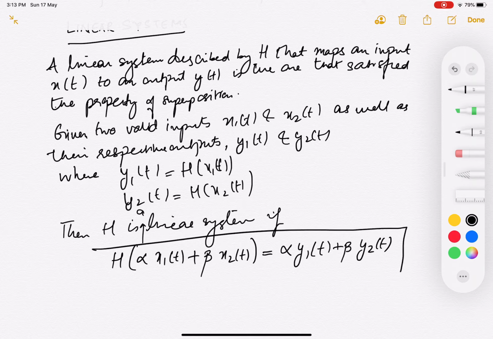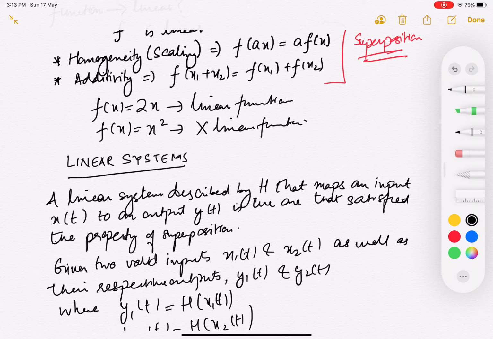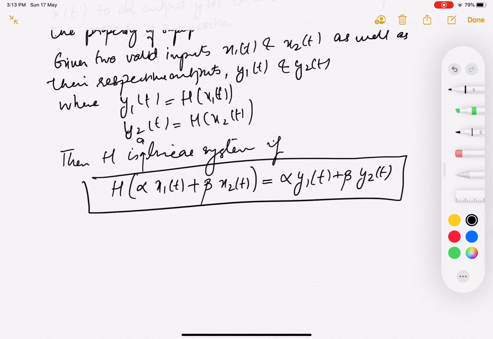This property is the property of superposition, which is actually additivity and scaling put together.